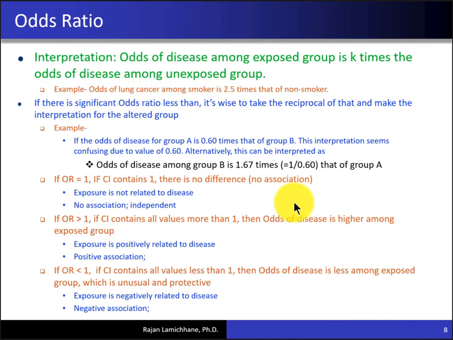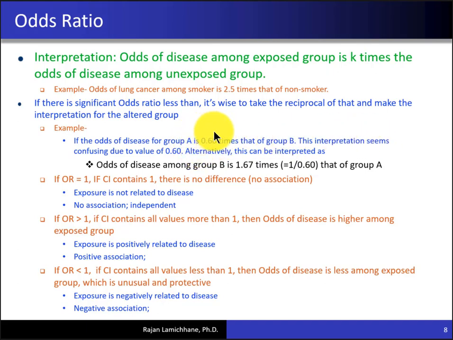When the odds ratio is less than 1, or a fraction, it's really hard to interpret. To interpret an odds ratio less than 1, it's always wise to take the reciprocal of that odds ratio and then make the interpretation for the other group. For example, if the odds of disease for group A is 0.6 times that of group B, then this 0.6 times is a little bit confusing.